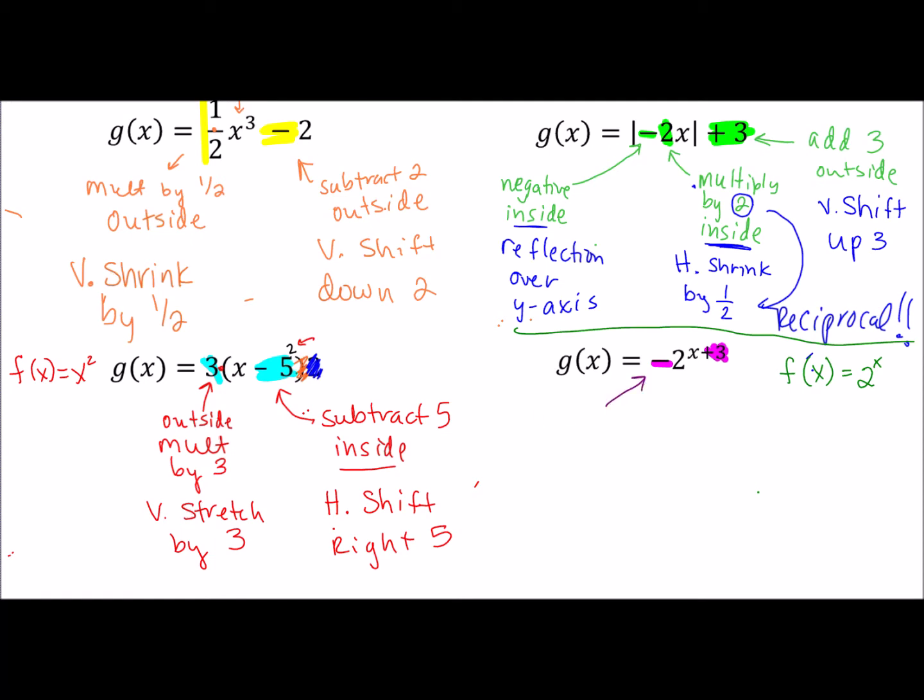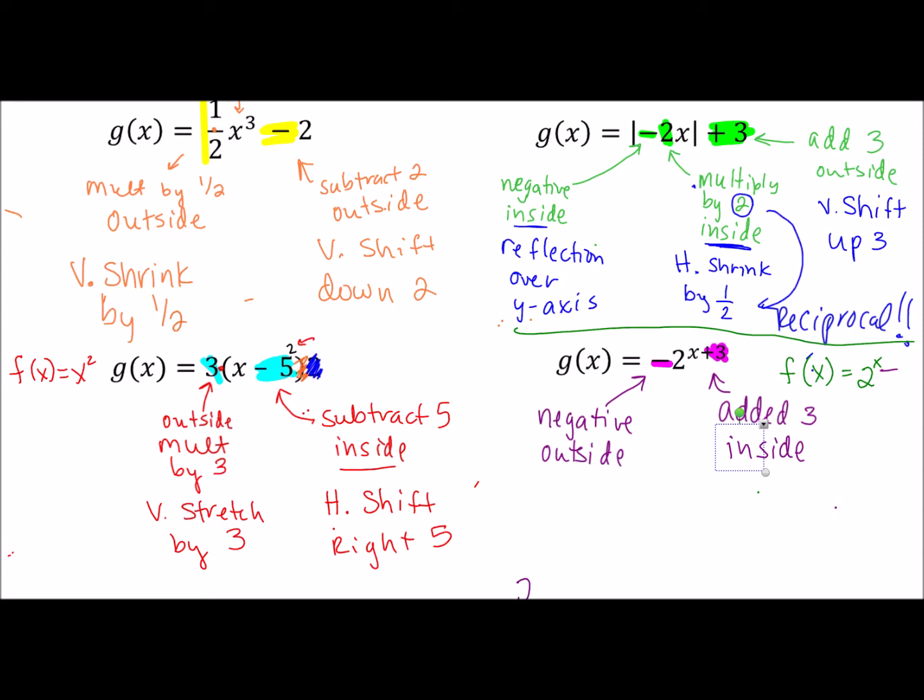This right here, there's a negative and it's outside. It wasn't there before. It was just a 2. Now all of a sudden there's a negative outside in front of it. This one right here, we've added 3, but is it inside or outside? This one is inside because it's up in that power with x.